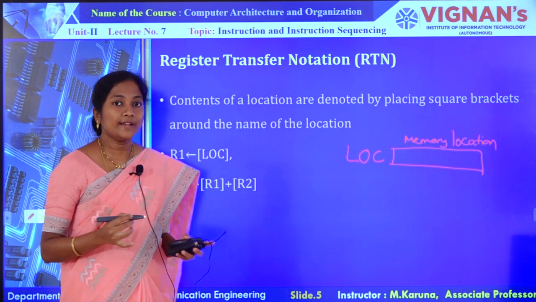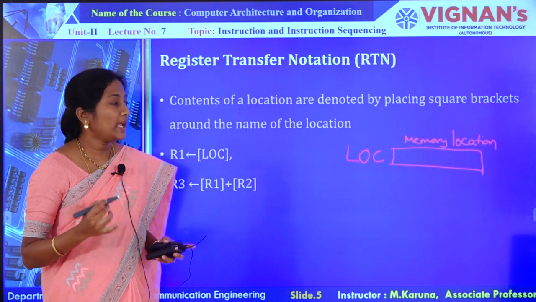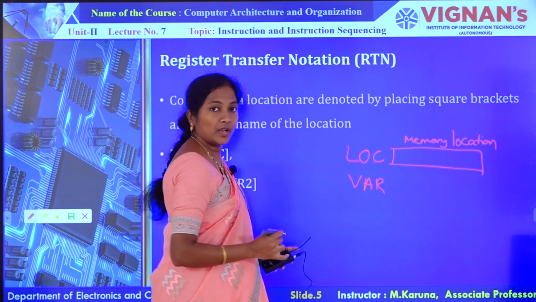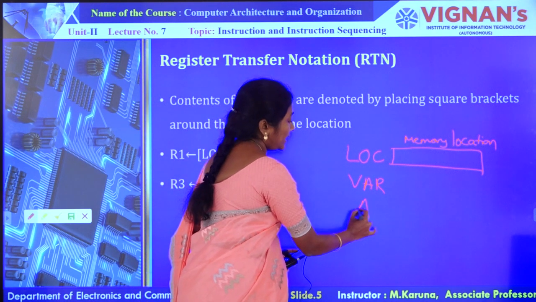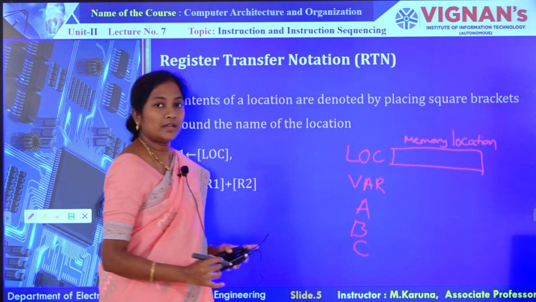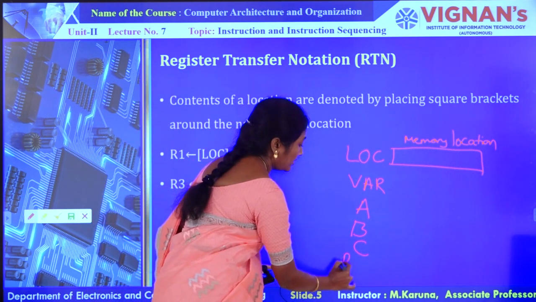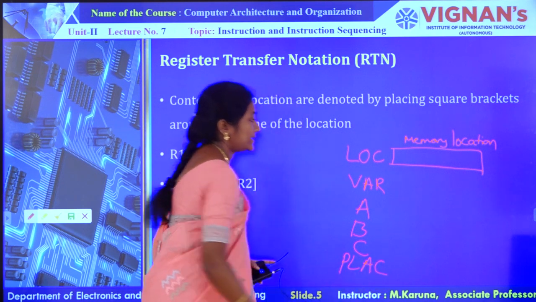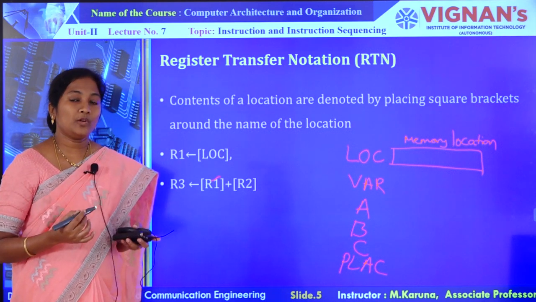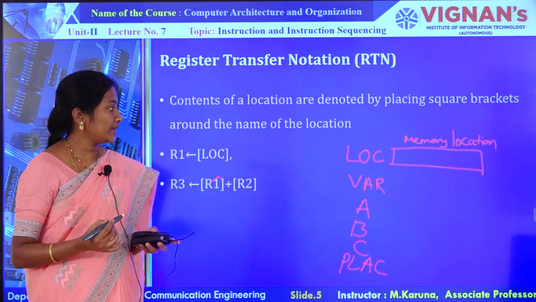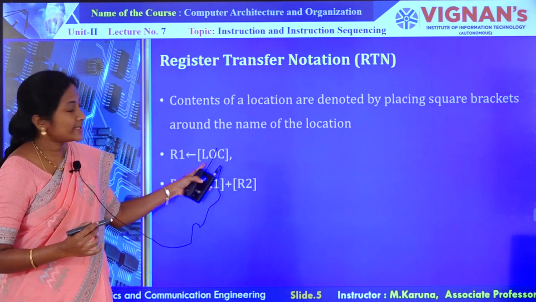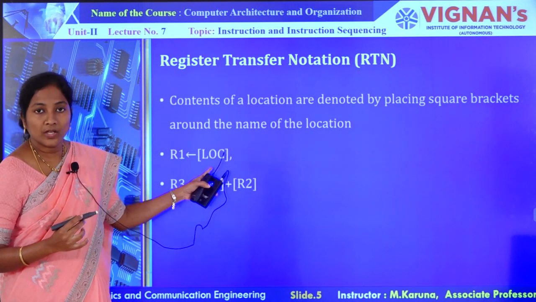A memory location is assigned with some label LOC or a variable, or letters A, B, C, or place. These are the labels used to access the memory locations in basic computers. In this notation, square brackets are used around the name of the location.